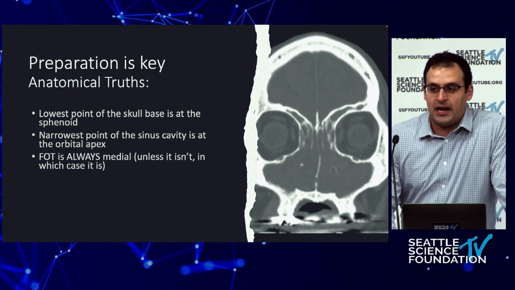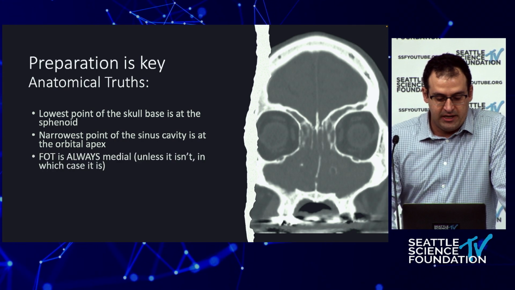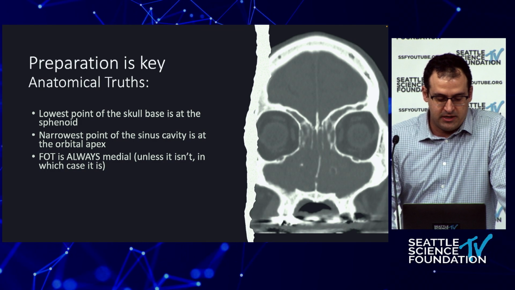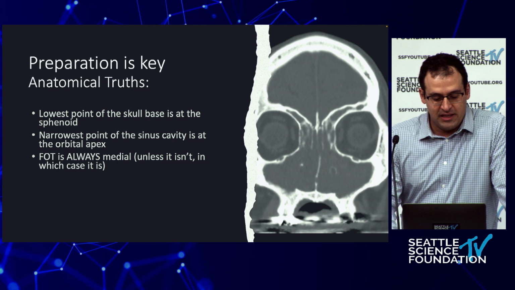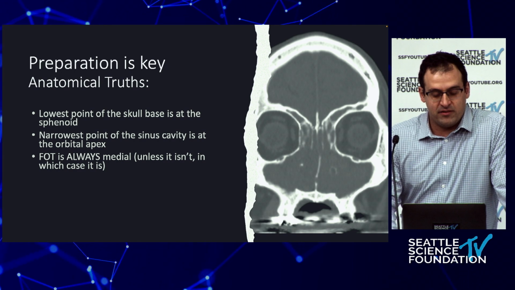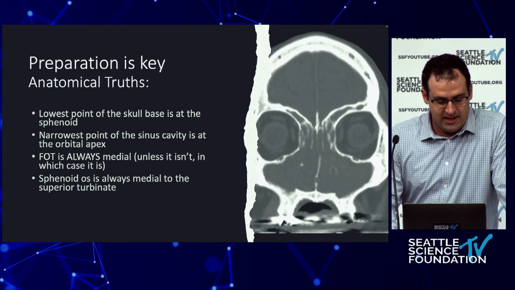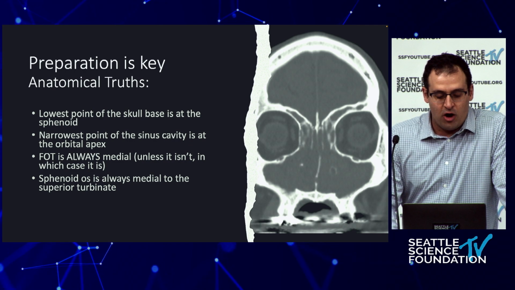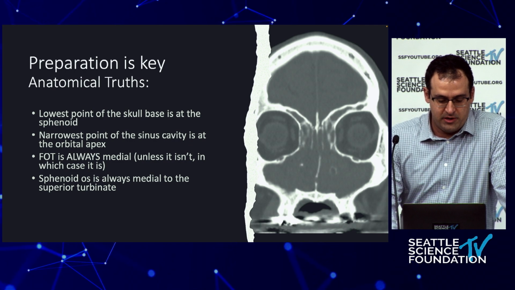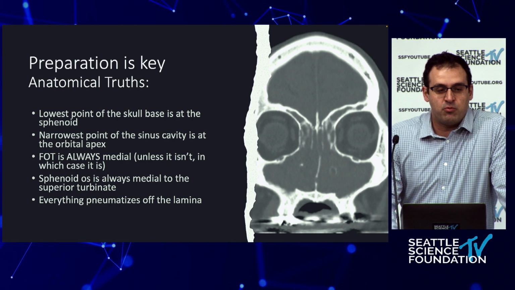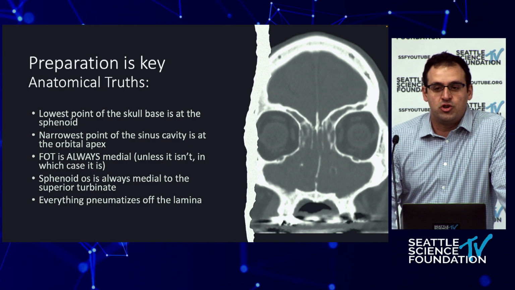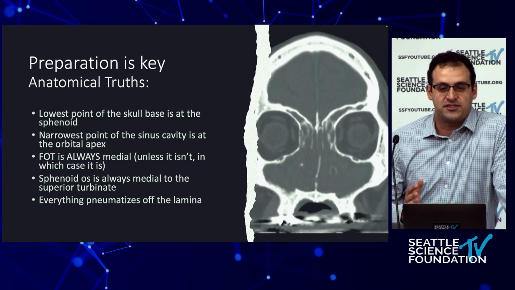The frontal outflow tract is always going to be medial, unless it isn't. But even in that case, it is, and I'll go over that again a little bit later. I know a couple of residents in the back are rolling their eyes about that. The sphenoid os is always going to be medial to the superior turbinate, which we discussed yesterday, and the ethmoid cavity always pneumatizes, and everything does pneumatize off the lamina.